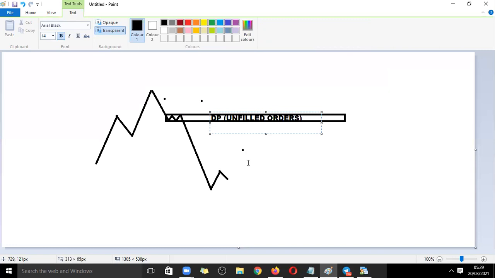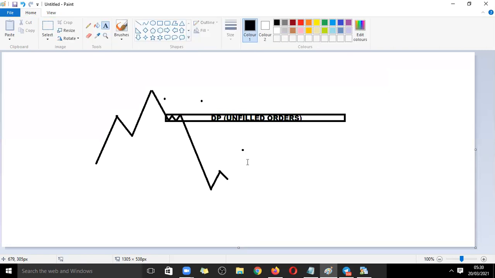So now when the event is released, the smart money will use that opportunity to push price to trigger those unfilled orders, and then price will reject and continue in the original direction. So we shall have something like this usually. Price will shoot up and reject.